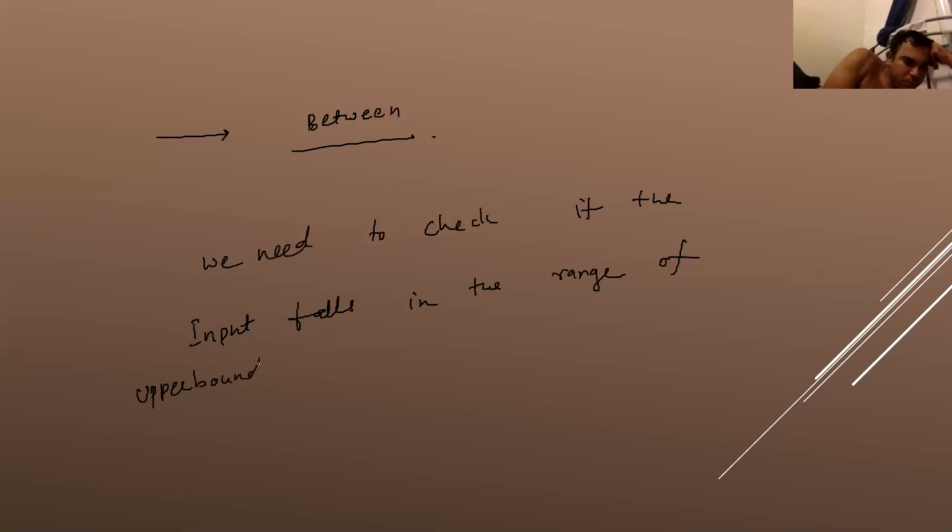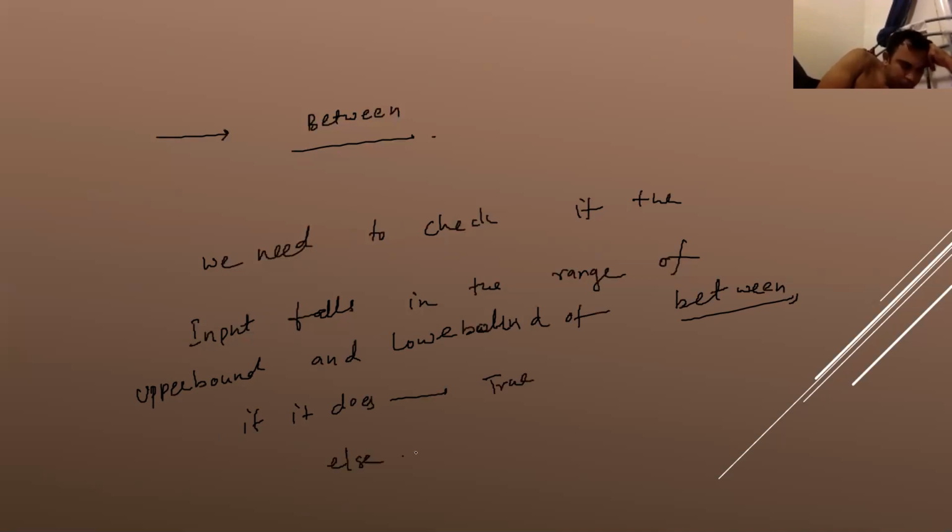In case of BETWEEN, we need to check if the input falls in the range of upper bound and lower bound of BETWEEN. If it does, then true, else false.